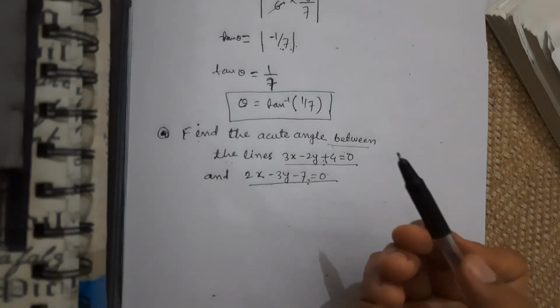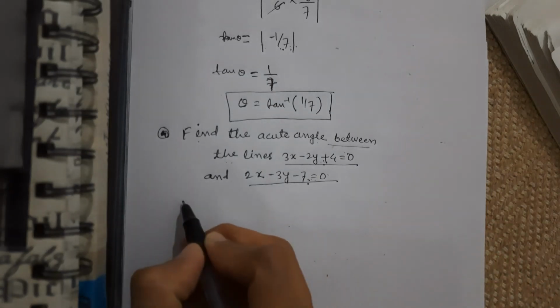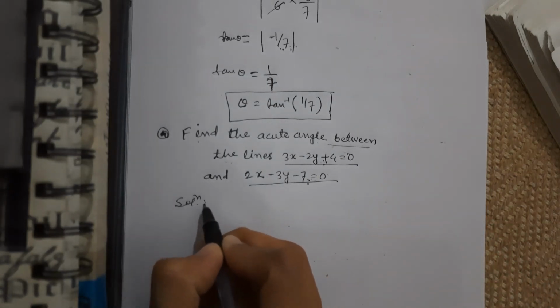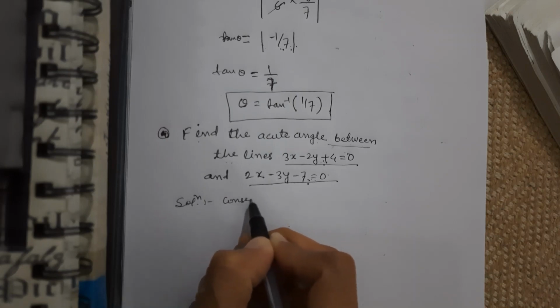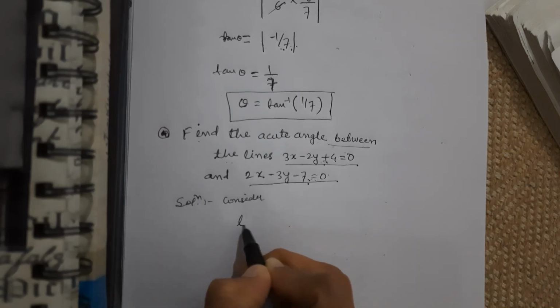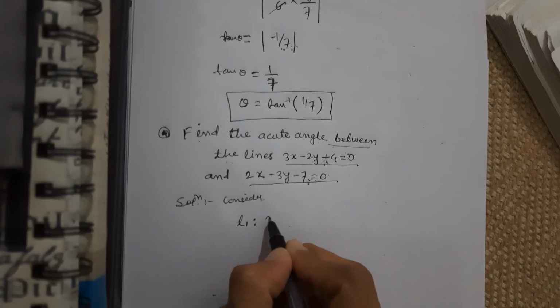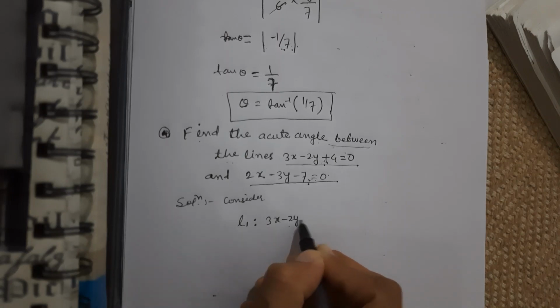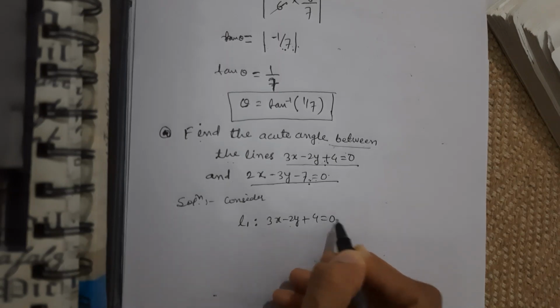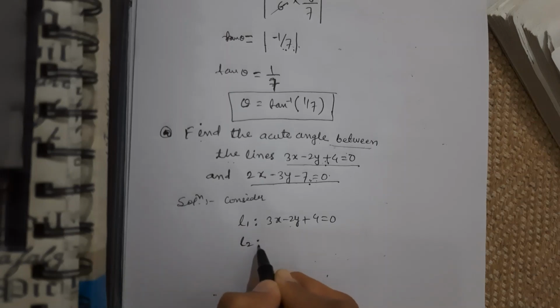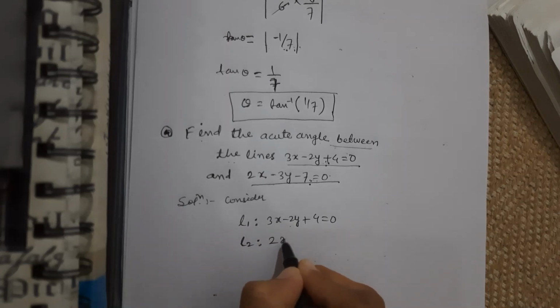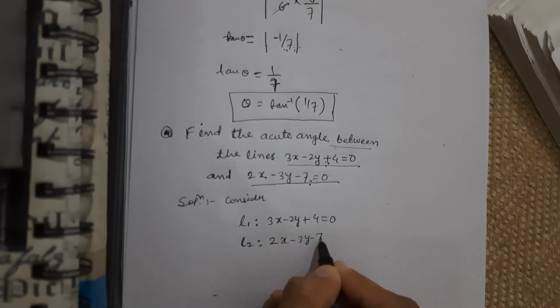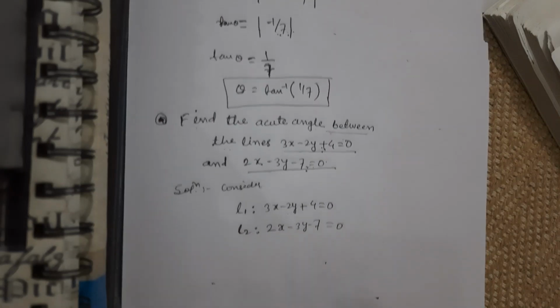So we are going to use the same procedure in the solution. I am going to consider L1 as 3x minus 2y plus 4 equal to 0. Any line you can consider L1 and L2, 2x minus 3y minus 7 equal to 0.